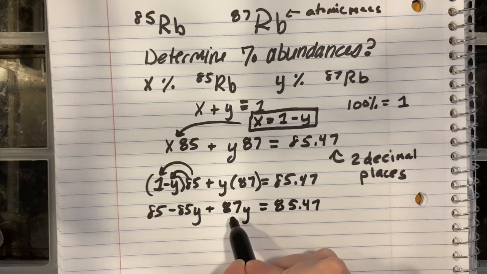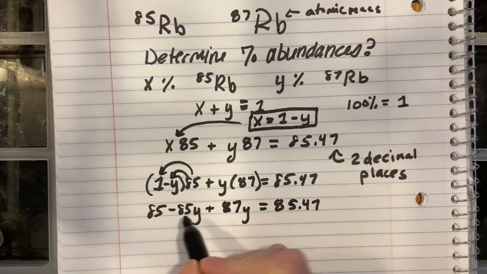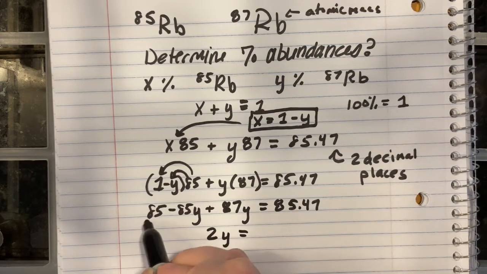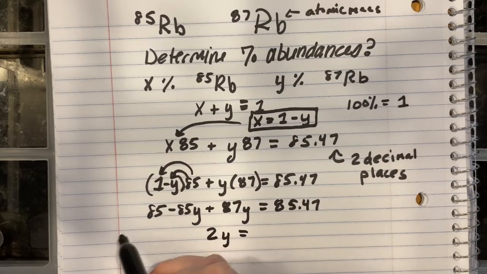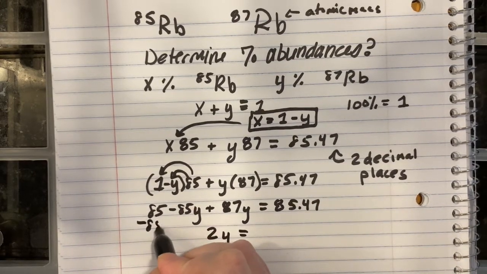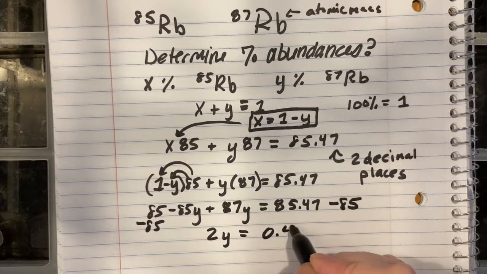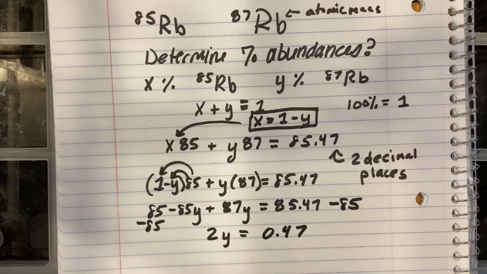Okay, now I'm going to combine like terms. I have a positive 87y and a negative 85y, so I'm going to end up with 2y. And now I have positive 85 over here, so I'm going to subtract 85, and what I do to one side, I have to do to the other side. So 2y is equal to 0.47.